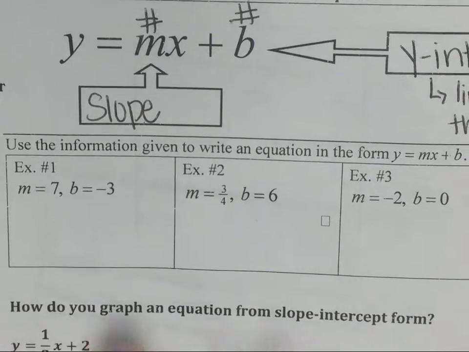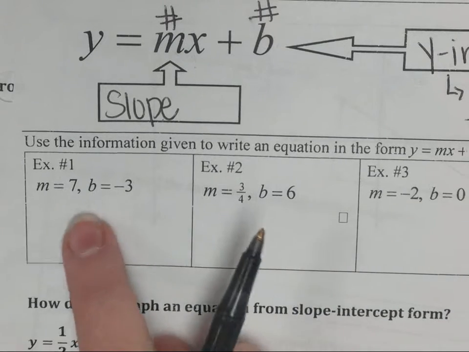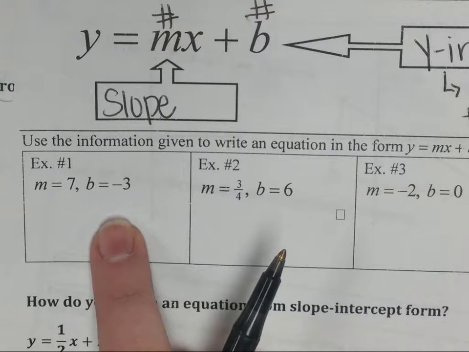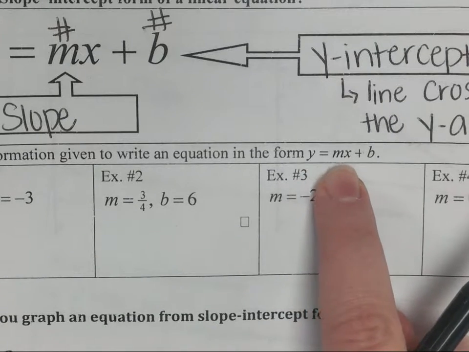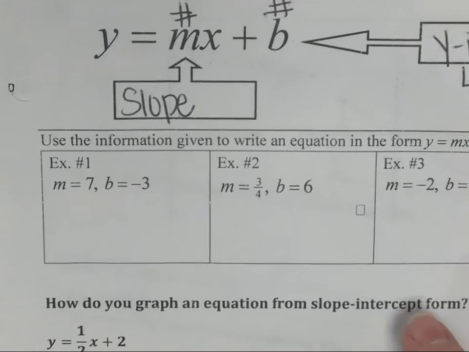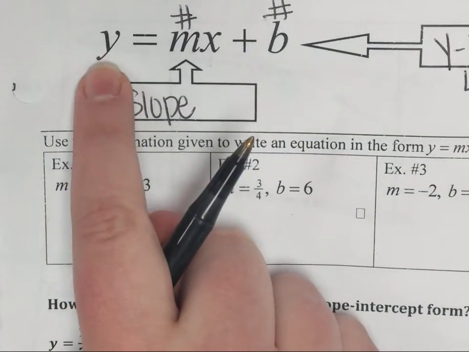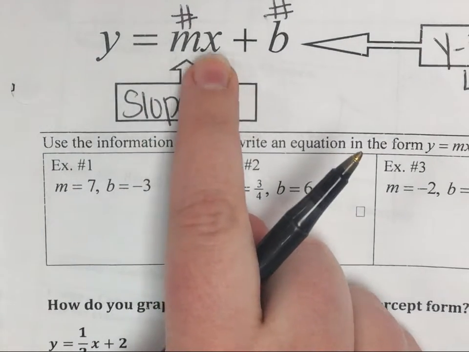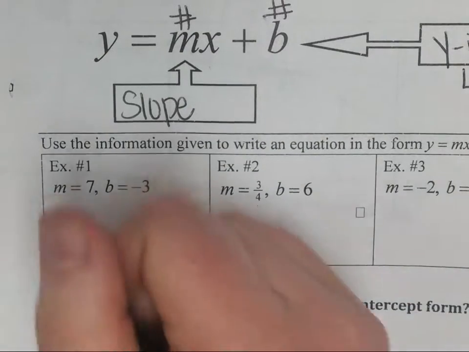Okay. So in our next little section, we want to get this information, and we want to plug it into slope-intercept form. So we want to plug it into y equals mx plus b. So what did I say is always going to stay the same? Y and x. Okay? So we're going to start every single time the same way.